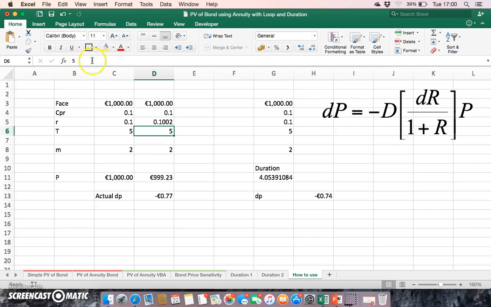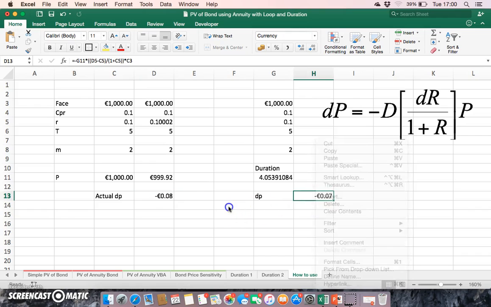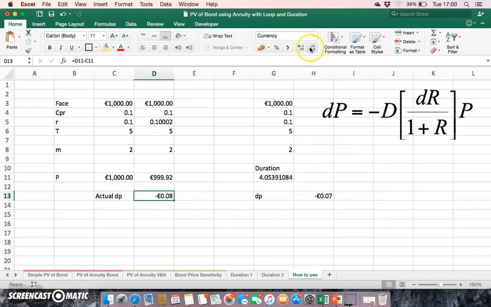Okay, so 74, if we make it smaller again, let's increase the decimal places.